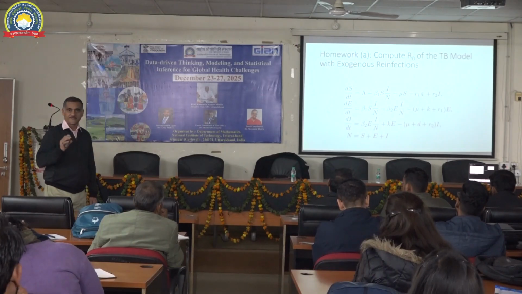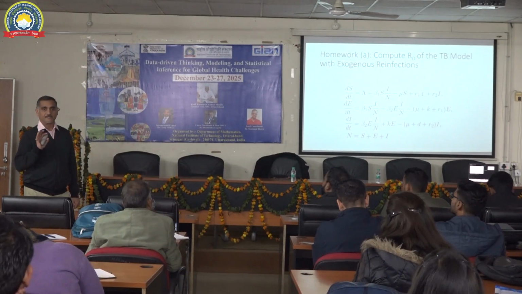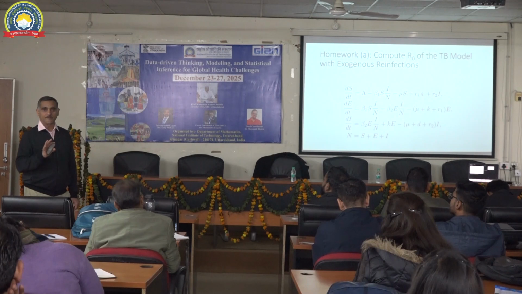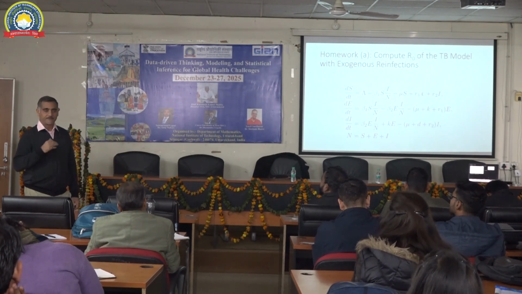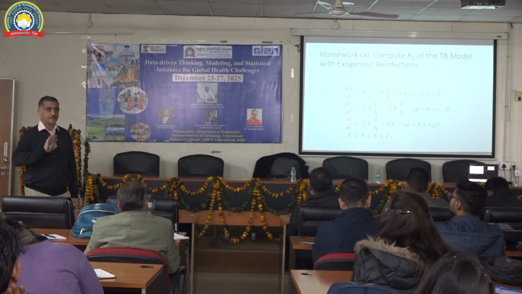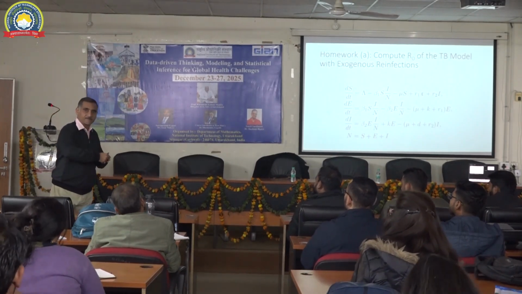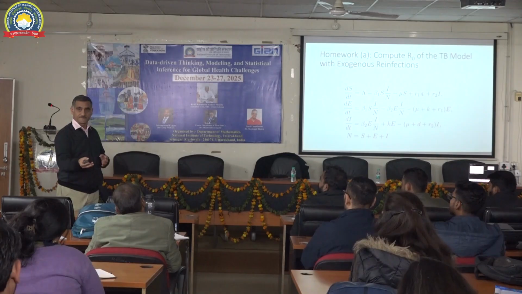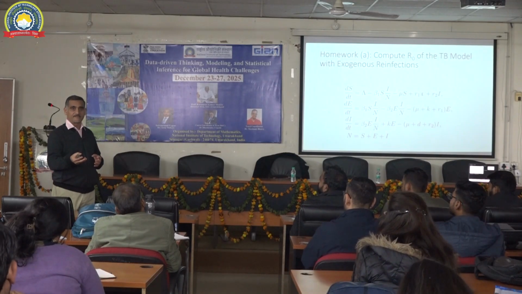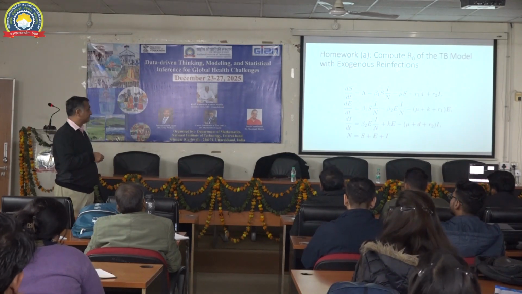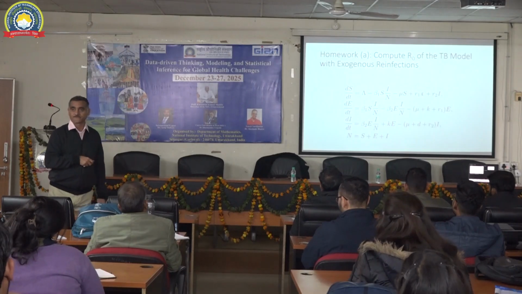TB has a very special type of dynamics. The patients remain dormant. They are infected, but their infection remains dormant. They are not infectious. But once they come in contact with an infectious person, they become infectious. That makes sense? So that's called an exogenous reinfection.